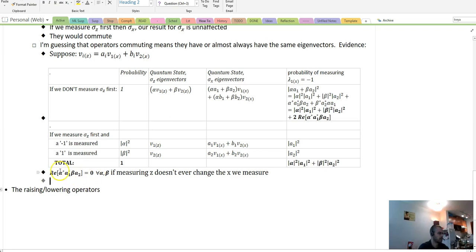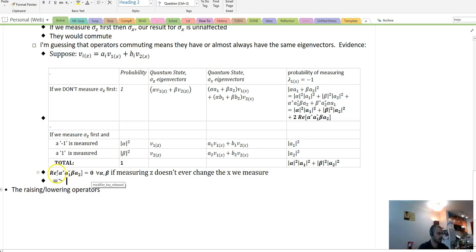And so the real part of this has to equal 0, but we can change this by factors of e to the i theta to rotate it around, so any part can become the real part. So basically, the only way to do this is to make the whole thing 0.